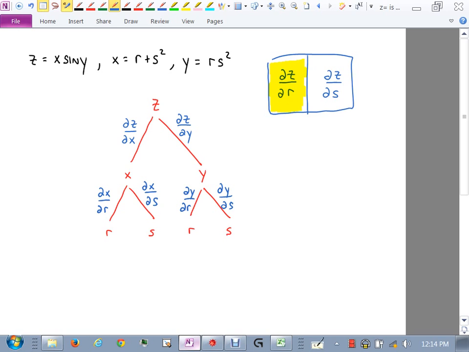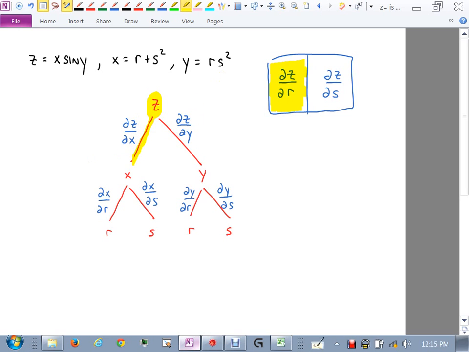Now, if two derivatives ultimately are possible, this first one can't just be all the branches, can it? Because then the next one would be identical, right? So the way we're going to get this one is to only go down the branches that lead us to r. So to do this yellow one, I want to start at z and look down and say, does this path down here lead me to r?